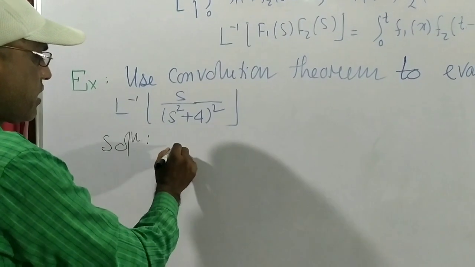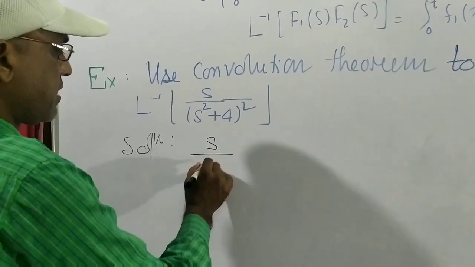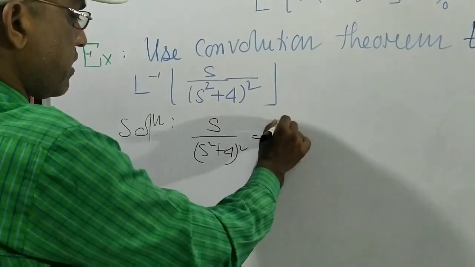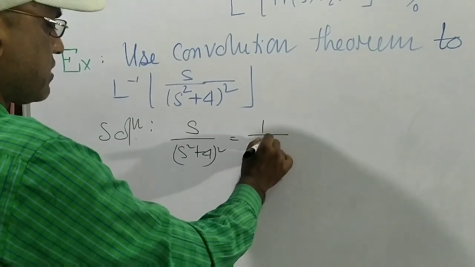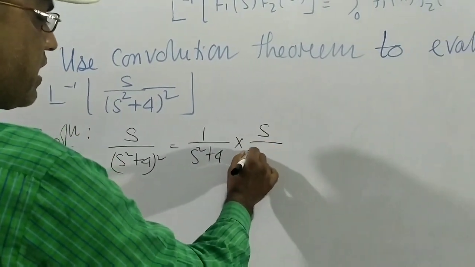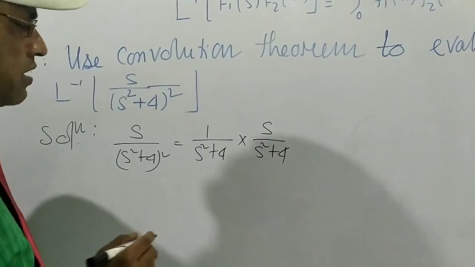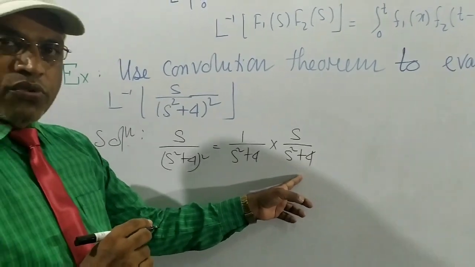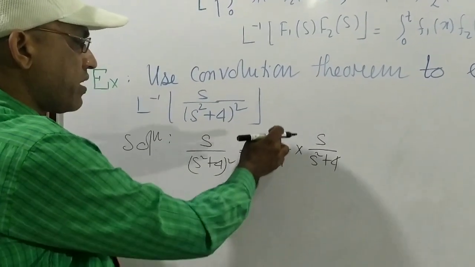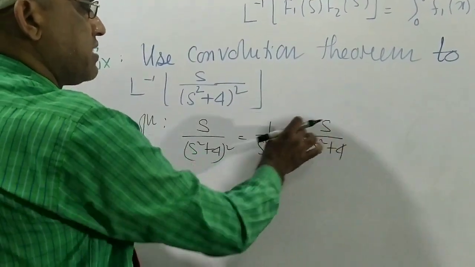In this problem, we consider two functions F1(s) and F2(s). The expression (s square plus 4) whole square, we can write as 1 by (s square plus 4) into s by (s square plus 4). If we multiply these two, we get s by (s square plus 4) whole square. So we express it in two factors.